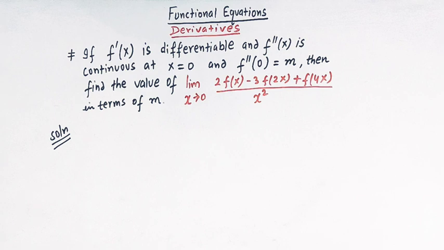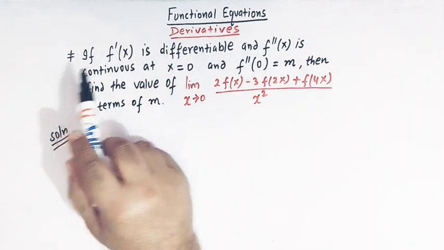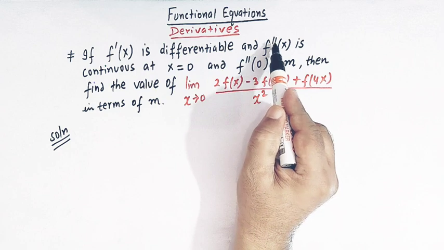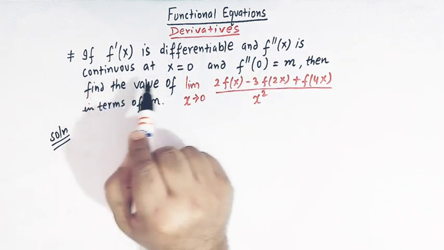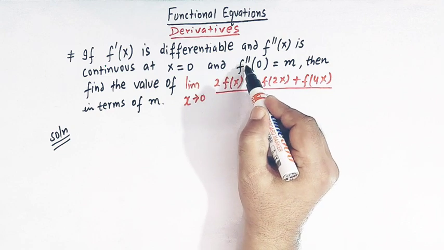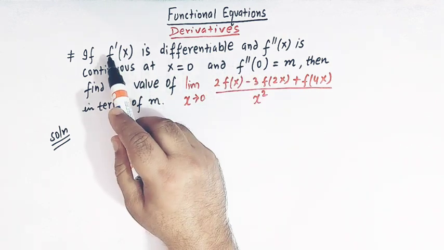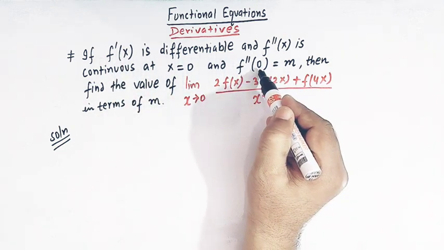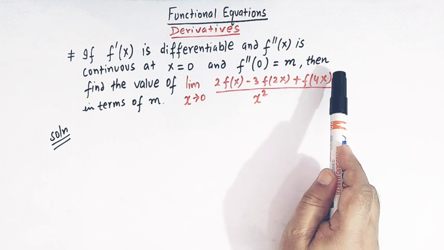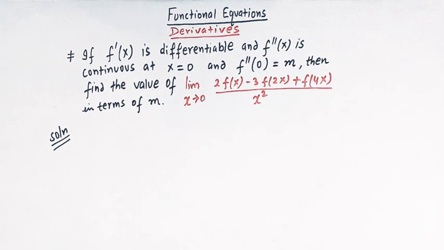So let us start. Here we have the problem: if f prime of x is differentiable and f double prime of x is continuous at x equal to 0, and the value of the second derivative of f(x) at x equal to 0 is m, then we have to find the value of this limit in terms of m.